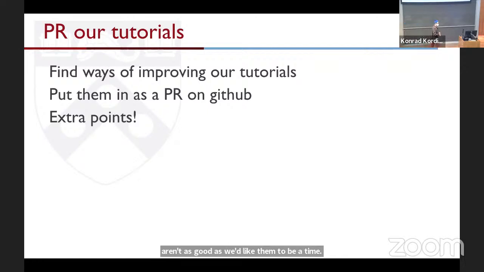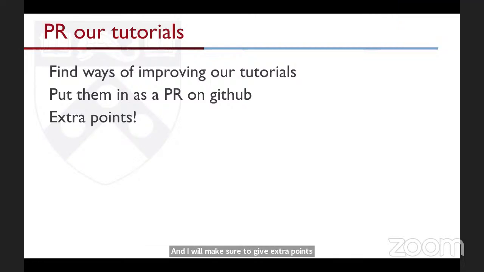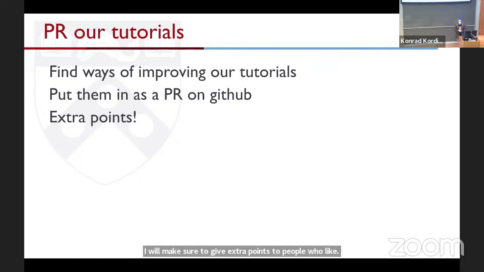I want to encourage all of you, if you see things that are unclear or not good, or where you feel you have a better description, put in a pull request on GitHub. And I will make sure to give extra points to people who put pull requests in, because I think it's a cool way of getting used to this modern way of collaborating on teaching and collaborating on code and all those things.